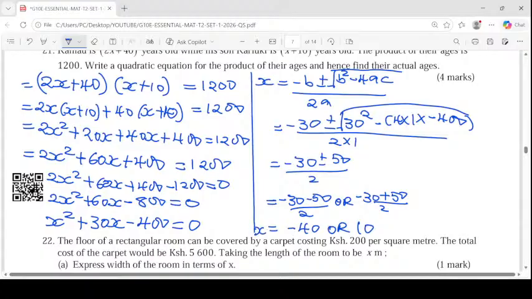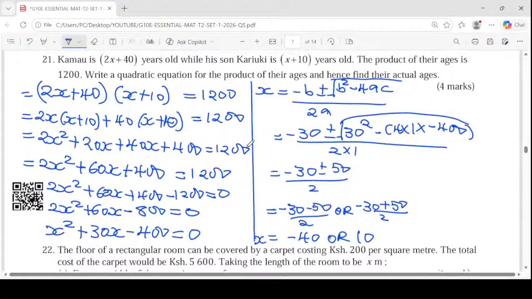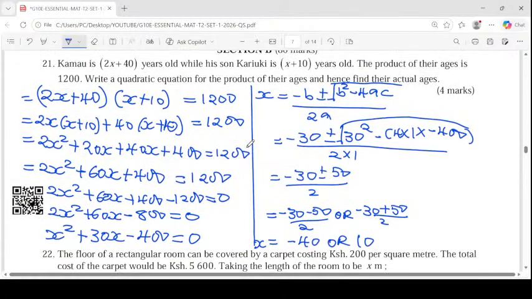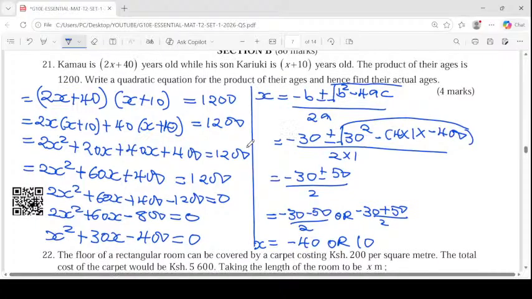But what is x? X is the number of years, therefore you cannot have people's age as negative. We are going to disregard the negative value and make a conclusion here and say that our x should be equivalent to 10 years. And if that is the case, find their actual ages. Let me get Kamau's age.